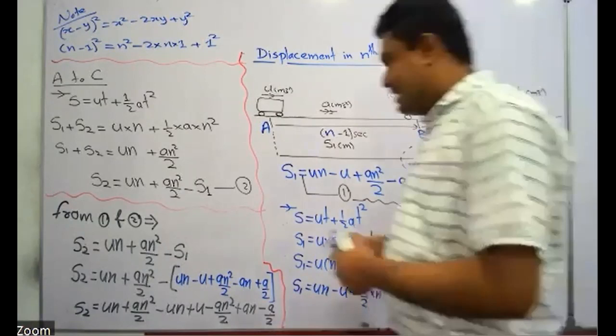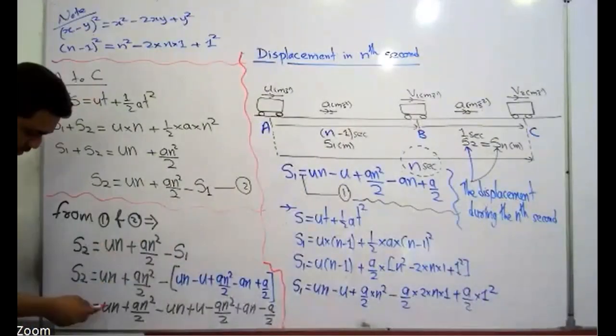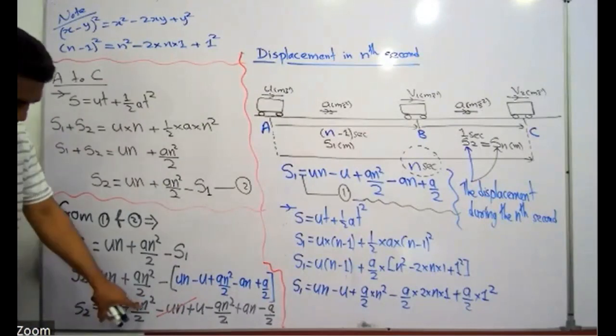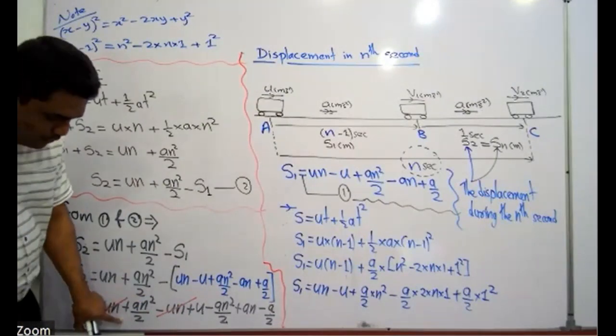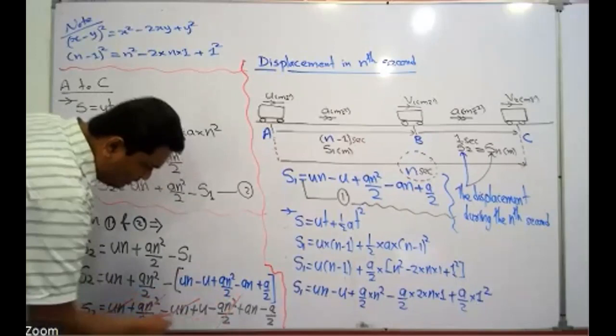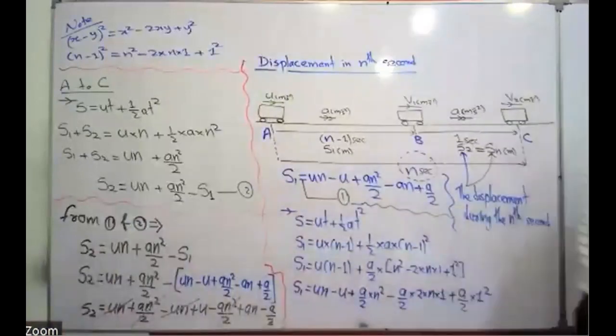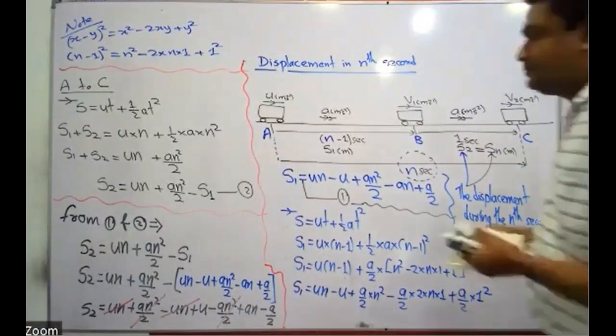We can cancel out plus un minus un. An square over 2 minus an square over 2 can be cancelled. That's all. So what are the remaining terms after you have cancelled out un and an square over 2?